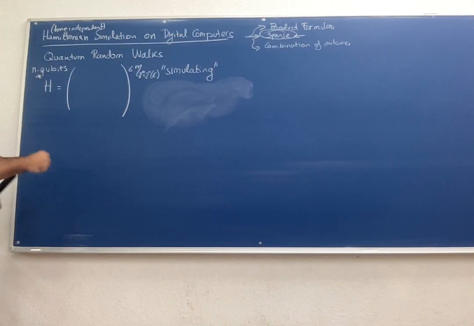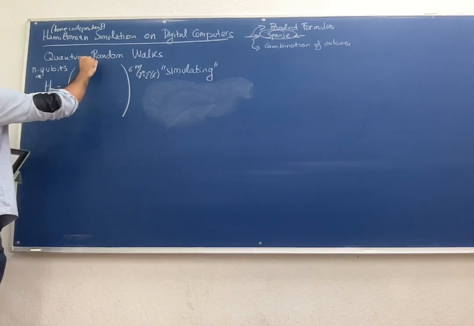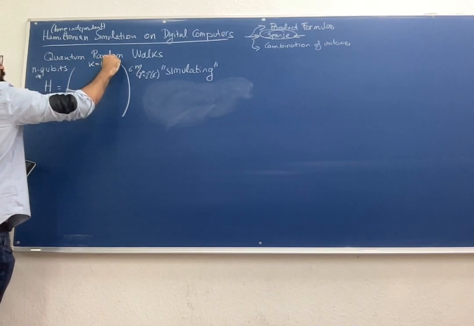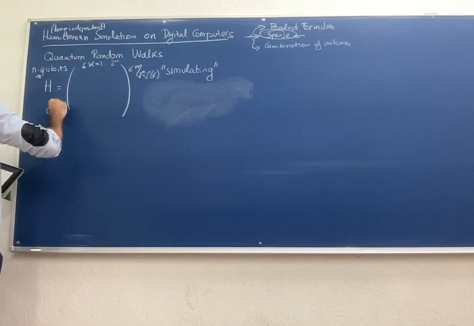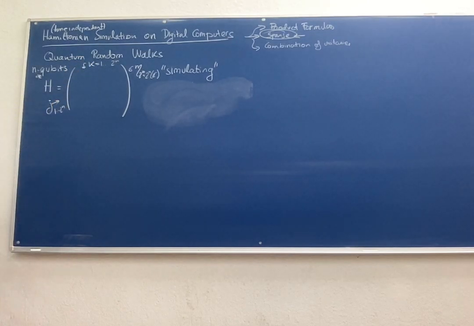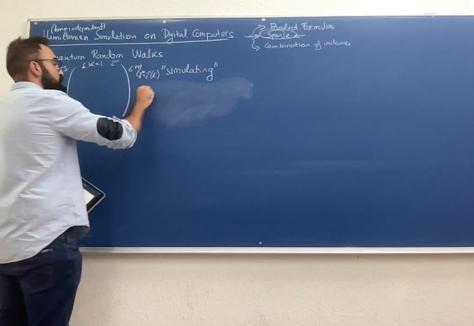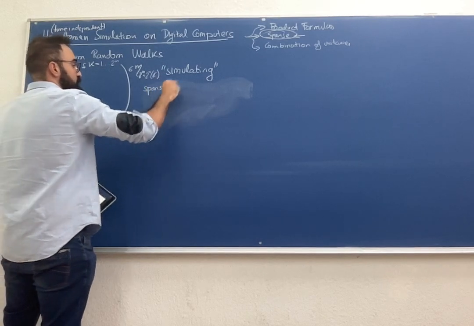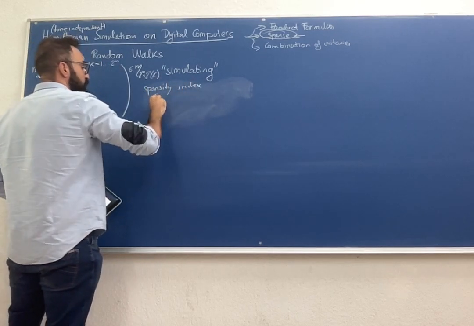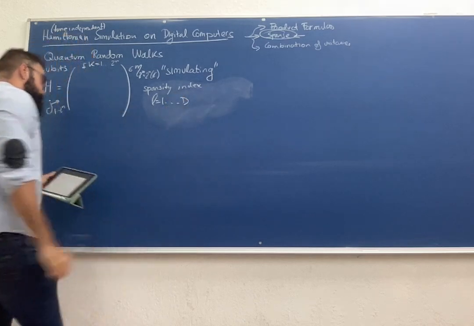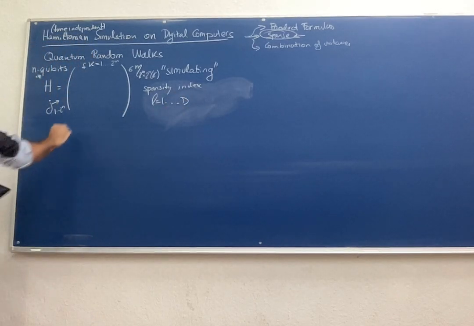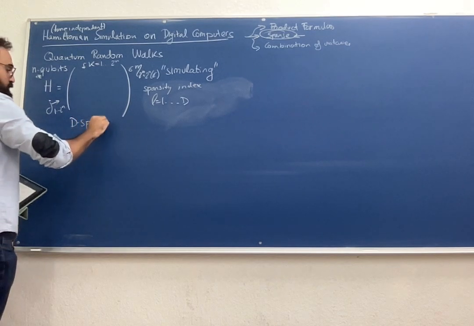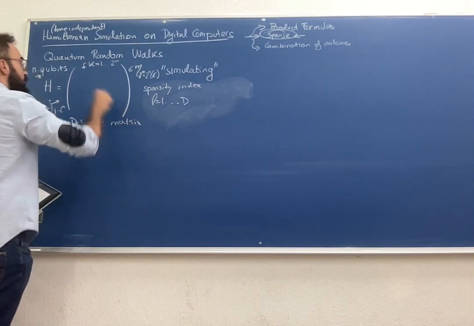Just to have the notation, the rows are going to be designated with index J, the columns with index K, so this index goes from 1 to 2 to the n, and the columns also from 1 to 2 to the n. Because we are dealing with sparse matrices, we are going to have the sparsity index, L, from 1 to D. So we have a D-sparse matrix.